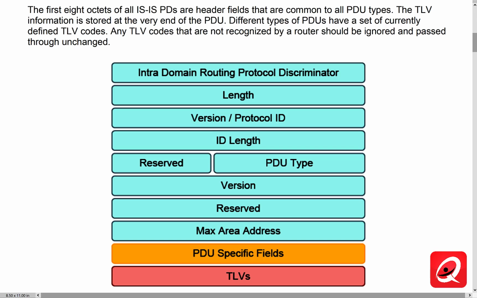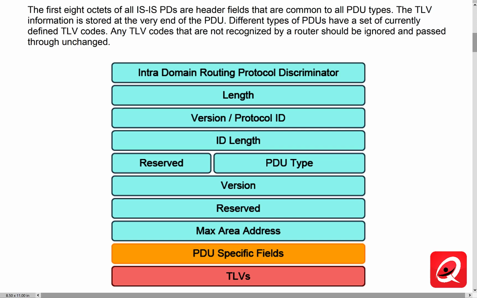All right, so the IIH, the basic ISIS hello, includes whether or not it's a point-to-point link, or whether or not it's a LAN link or multi-access network. The source ID of those hello packets is the system ID of the sending router.